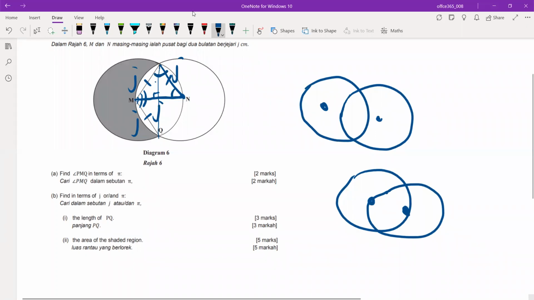Oh, it's actually 60, 60, 60, an equilateral triangle. This also J. So sometimes it's not that you don't know, you just don't see. That's because of the equilateral triangle. So this one is 120 degrees.